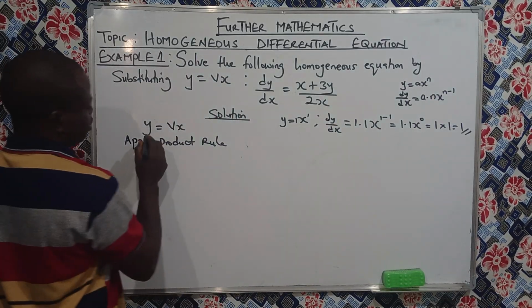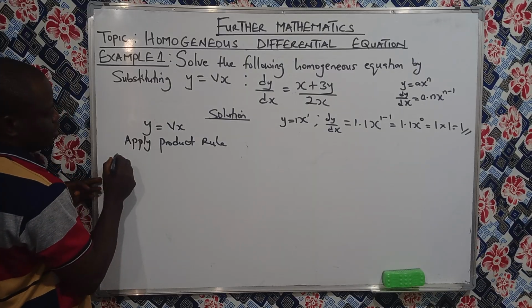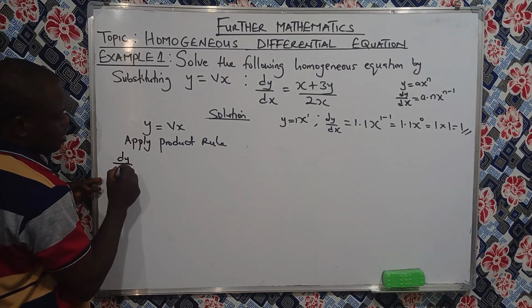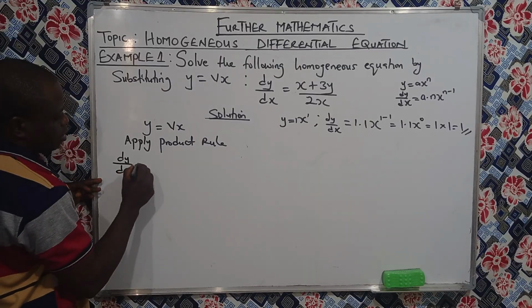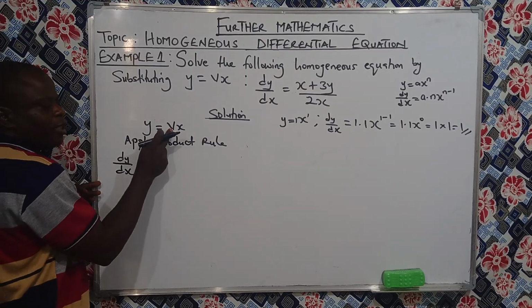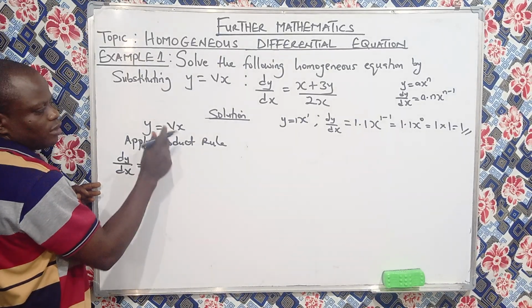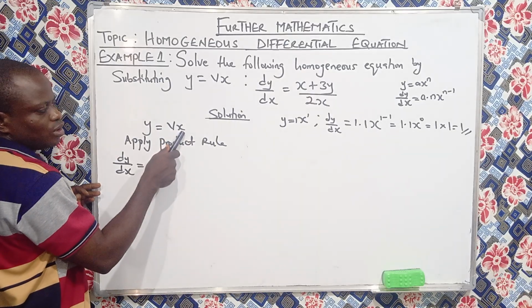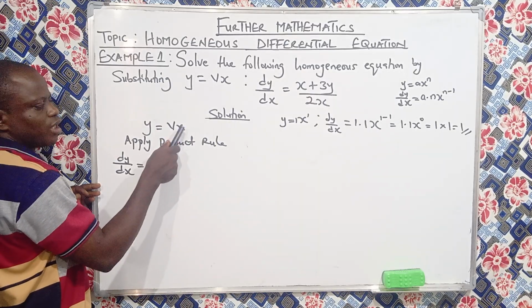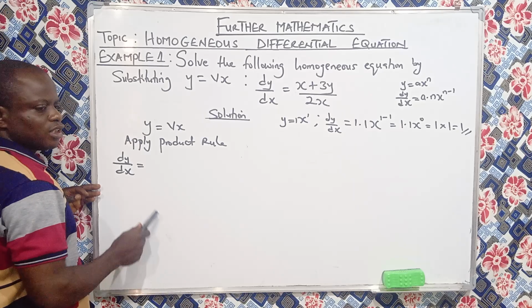Now let's apply the product rule here. dy over dx equals, you keep the first and differentiate the second, and then keep the second and differentiate the first.